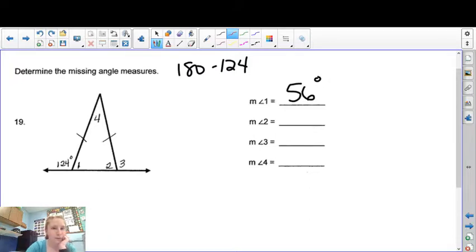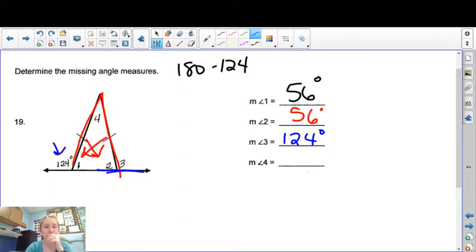Well, since this side is equal to this side, this angle is equal to this angle, so angle 2 also has to be 56. Well, again, since this is another straight line right here, and angle 2 is 56, angle 3 would have to be also 124, like this guy out here was, because they're congruent.